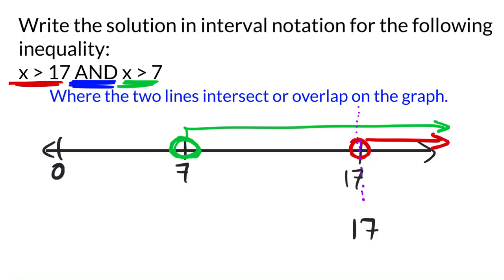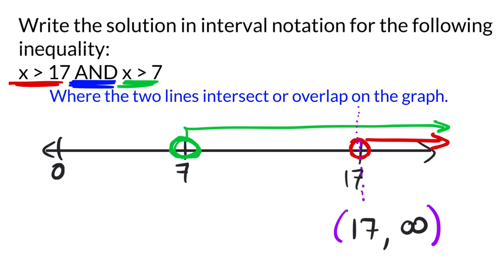So we're going to make it not included with an open parentheses there. And then this goes all the way to infinity for both green and red. And then, of course, we would close that with a parentheses and not a bracket because infinity is never included because it's a value that we can't define. So this right here is the interval that we're looking for.